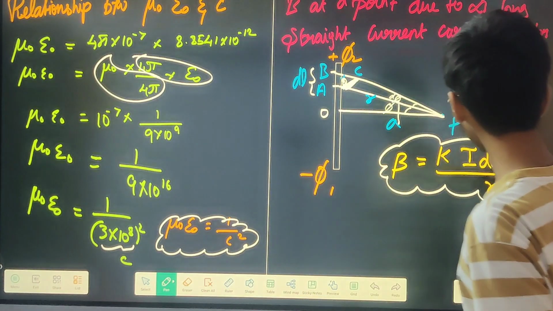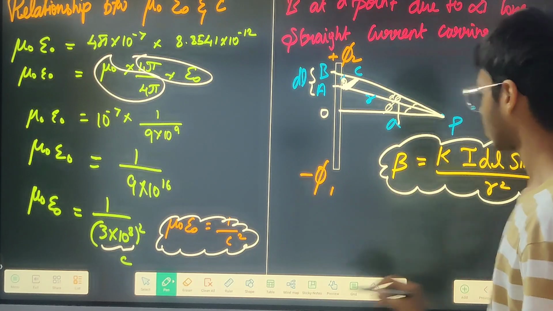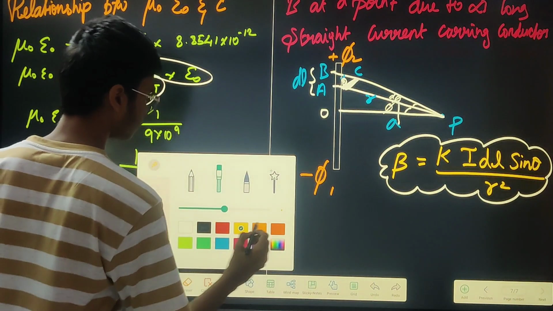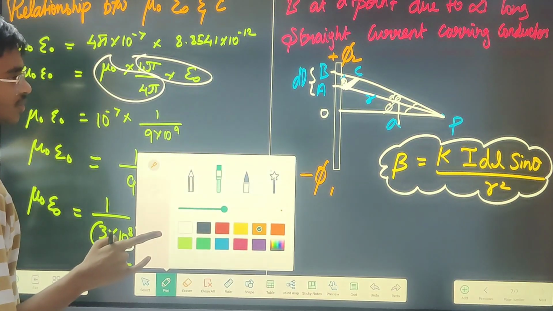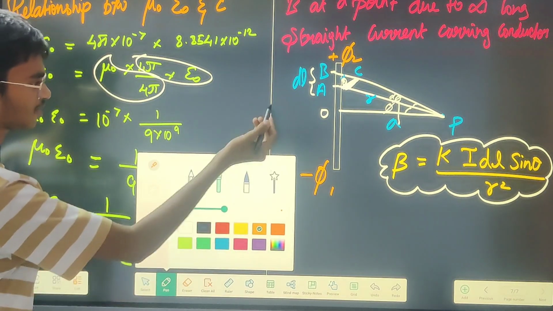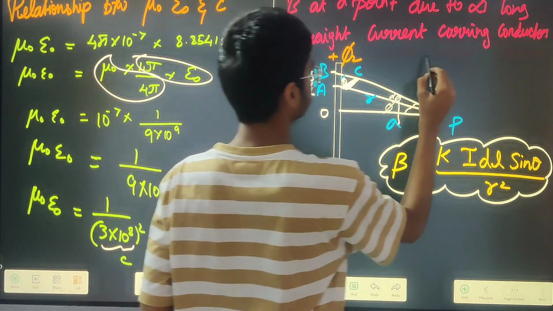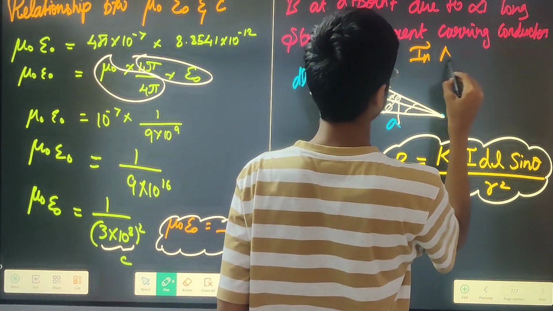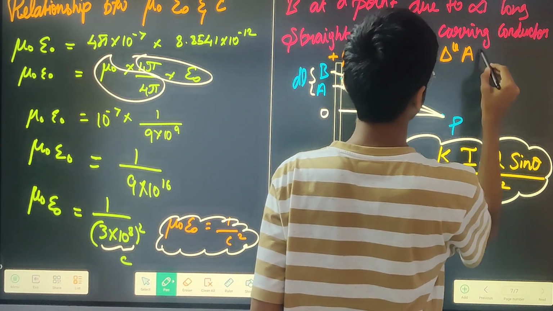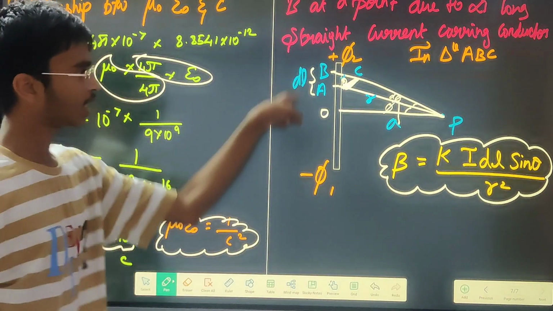Okay, so sine theta, in this triangle we are going to conclude. Okay, triangle ABC. I know that we cannot do this since there is no space, but I will try my level best to complete in this one page itself. Okay, in triangle ABC, what's there in this triangle ABC?